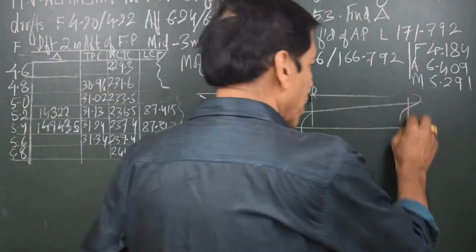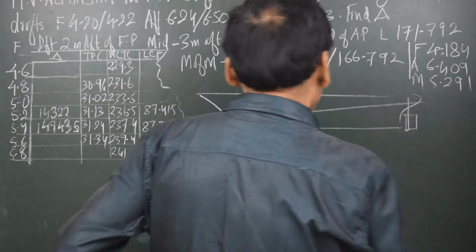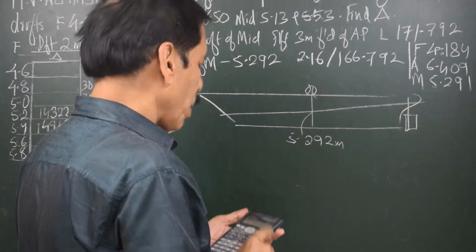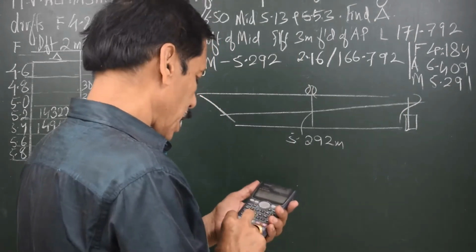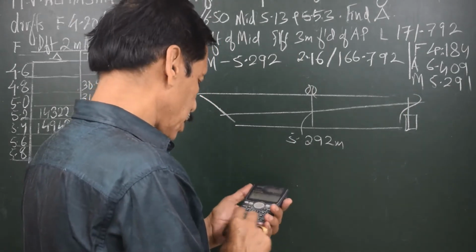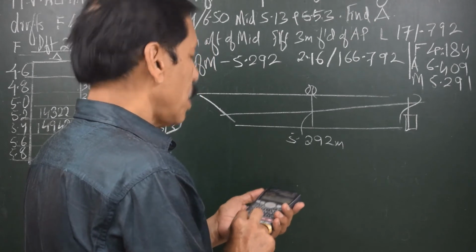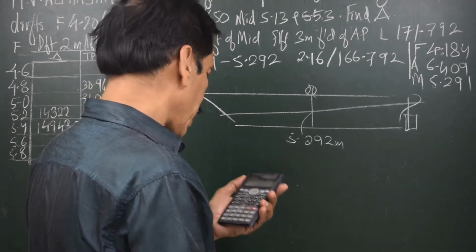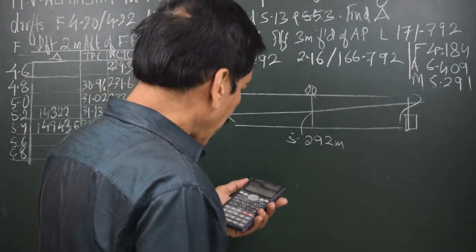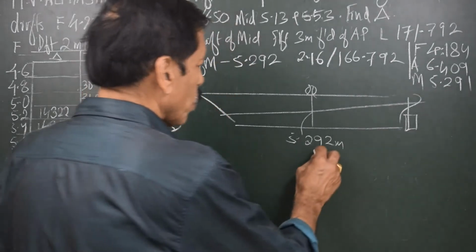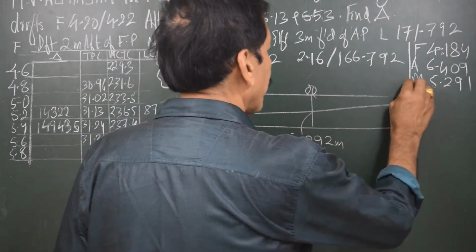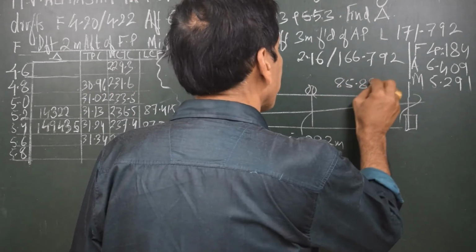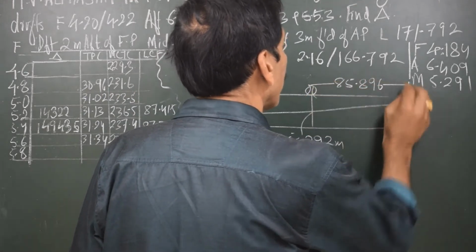Now, how much this point is forward of the aft perpendicular can be found out by the length divided by 2. So 171.792 divided by 2 gives me 85.896. So the distance from here is 85.896. That is the distance from here to here.